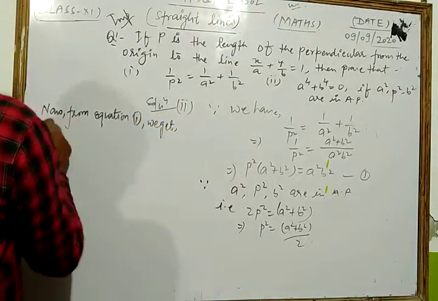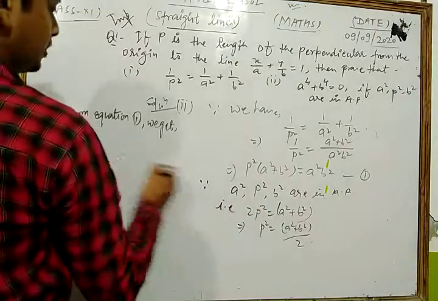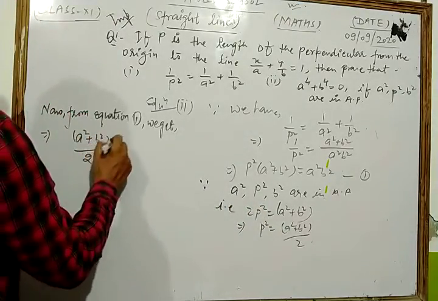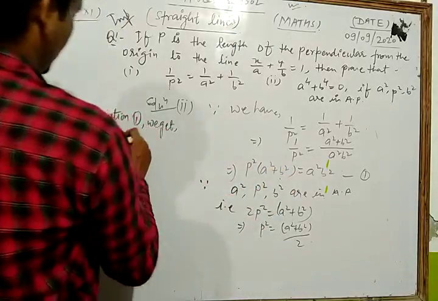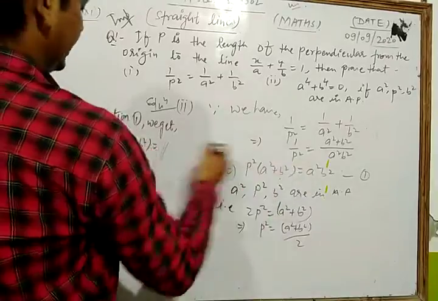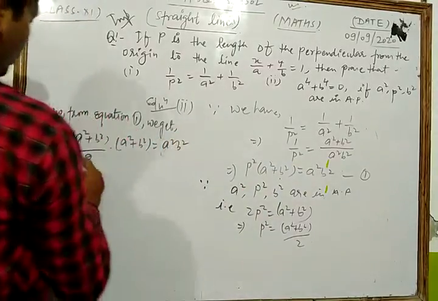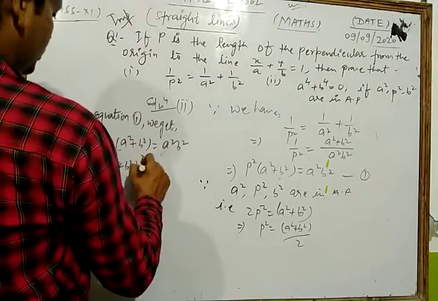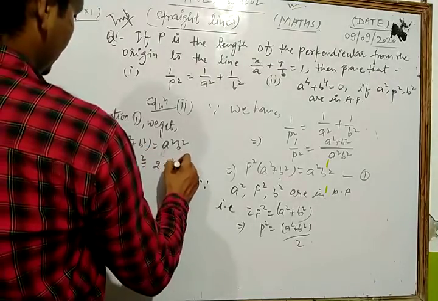Now from equation 1, we put p square as this, so we get a square plus b square upon 2 into a square plus b square is equal to a square b square. Now let's see, we write it this way: a square plus b square whole square is equal to 2 times a square b square.